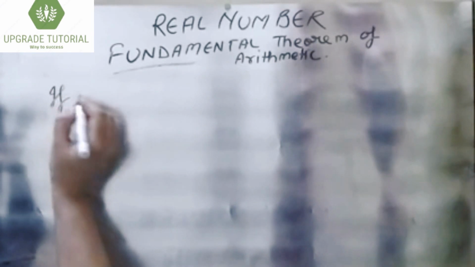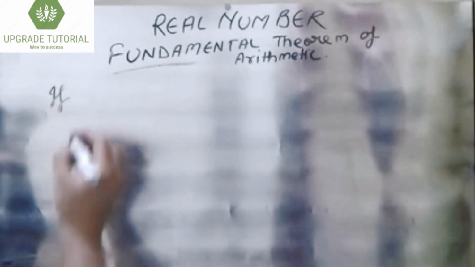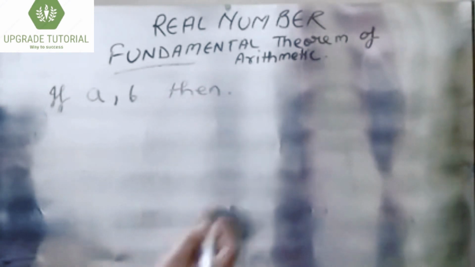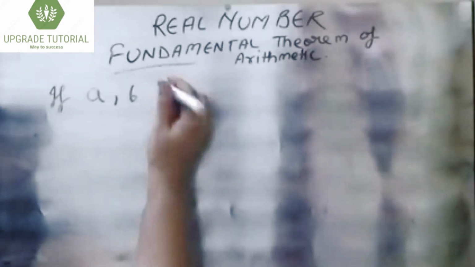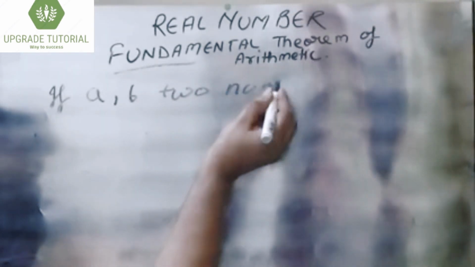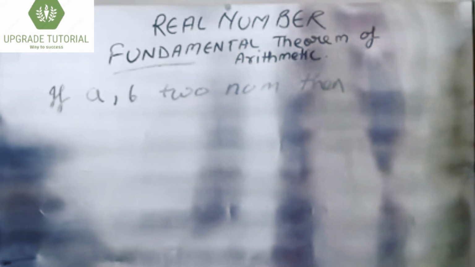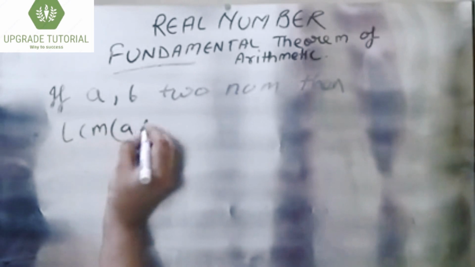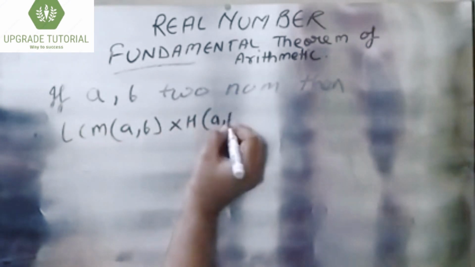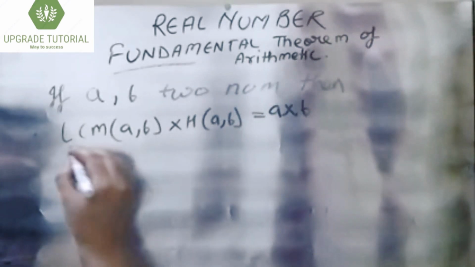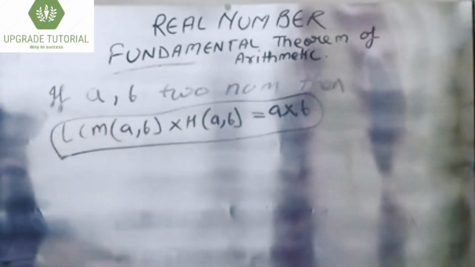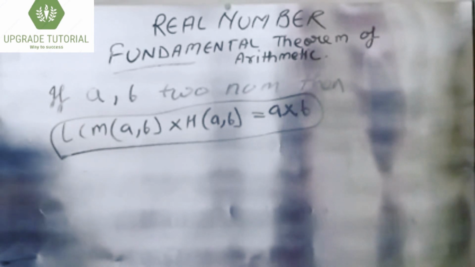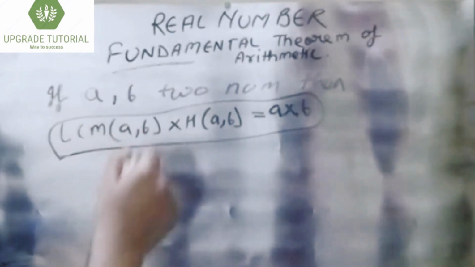If two numbers A and B are given, then LCM(A, B) into HCF(A, B) is equal to A into B. This equation is used when we are given one of the numbers and the LCM and HCF of both numbers, we can find the second number, or if any three quantities are given, we can find the fourth one.